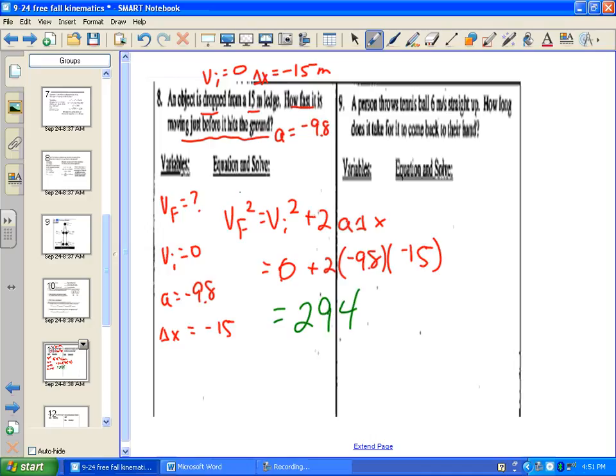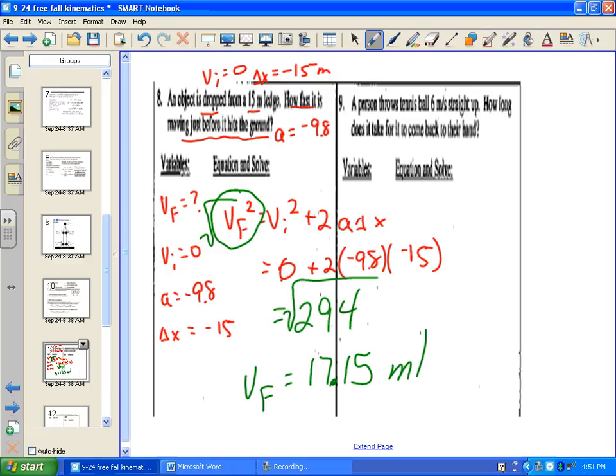But we have solved for VF squared, and what we want is VF. So we have to take the square root of our answer, and that makes VF 17.15, and VF is in meters per second.